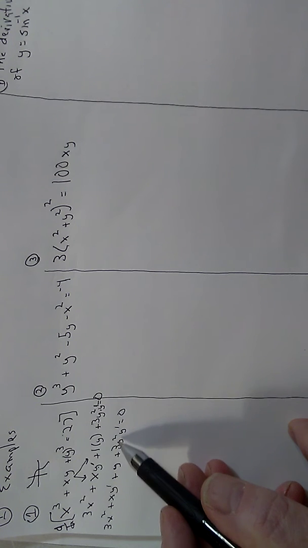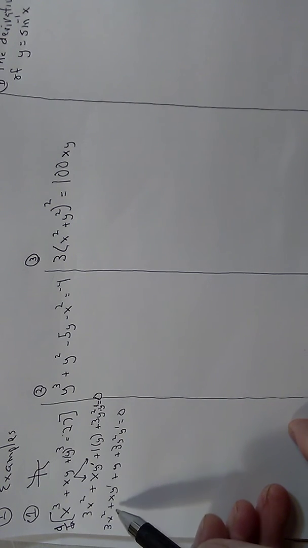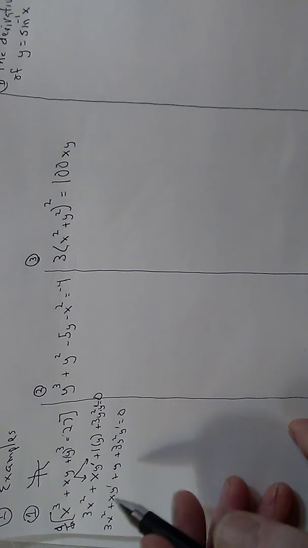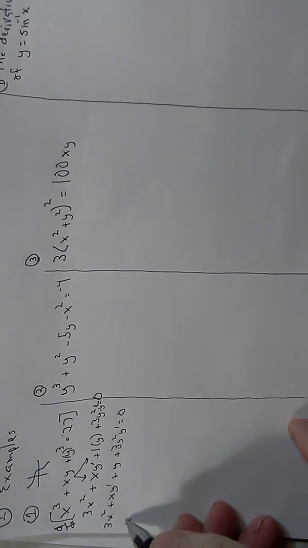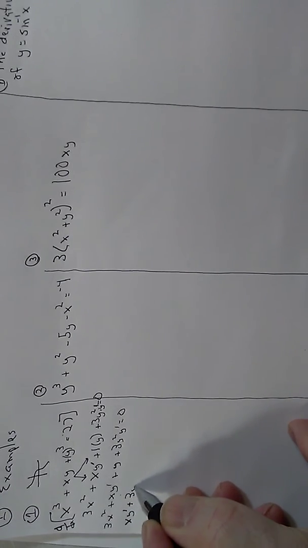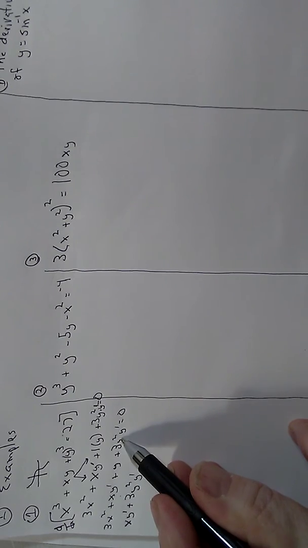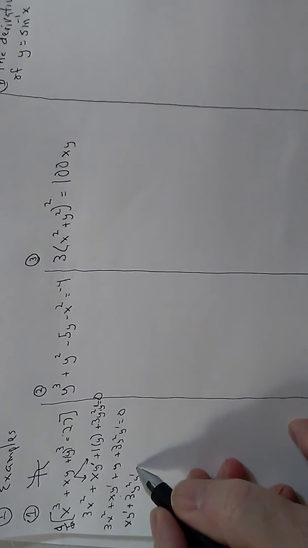So a way to solve this for y prime, and this will always work, take the terms with y prime in them, put them on one side of the equation, put all the other terms on the other. So I'll leave these guys where they are, xy prime plus 3y squared y prime.